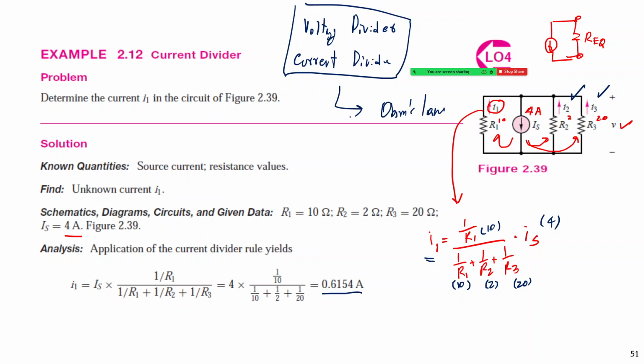So any method you can use if the problem does not command you otherwise. But if the question defines that you need to use voltage divider, then you need to use voltage divider. But if the problem just would like you to find I1, you can use any method. You will get the same answer if you do it correctly. But in this case we are forced to use current divider, so we need to use current divider.